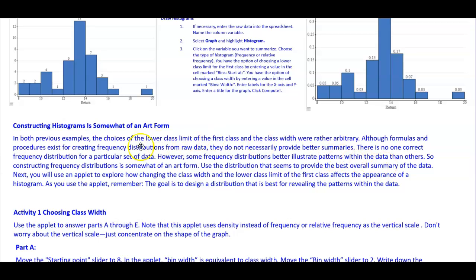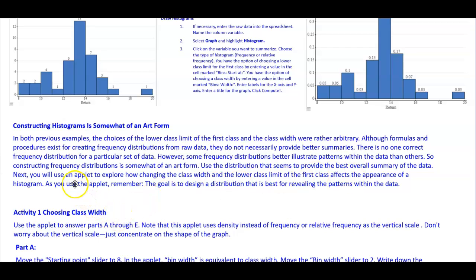There is no one correct frequency distribution for a particular set of data. However, some frequency distributions better illustrate patterns within the data than others. So constructing frequency distributions is somewhat of an art form. Use the distribution that seems to provide the best overall summary of the data.